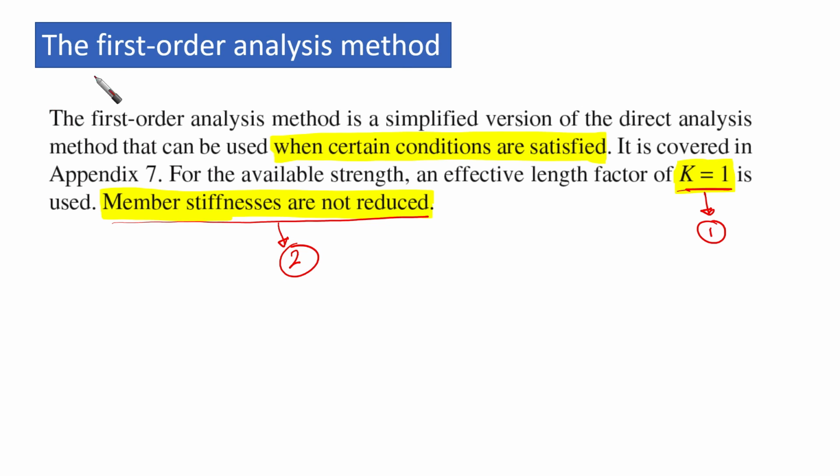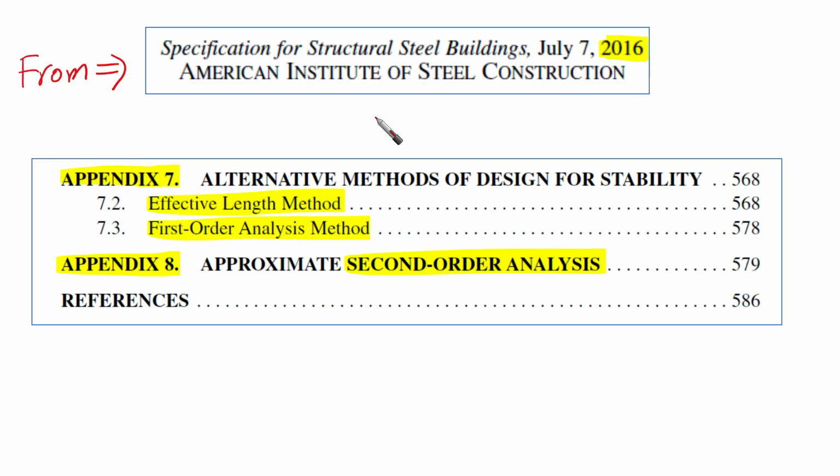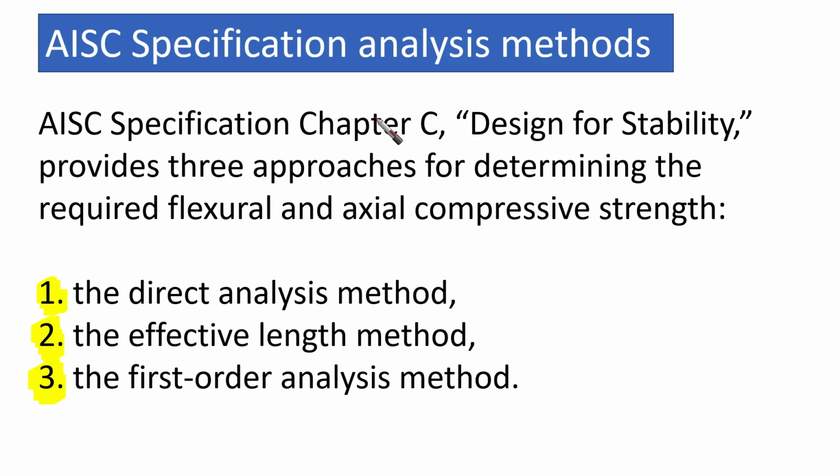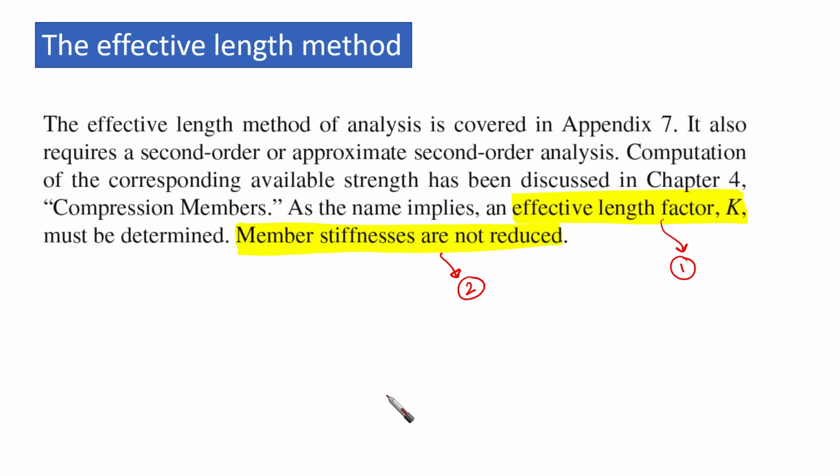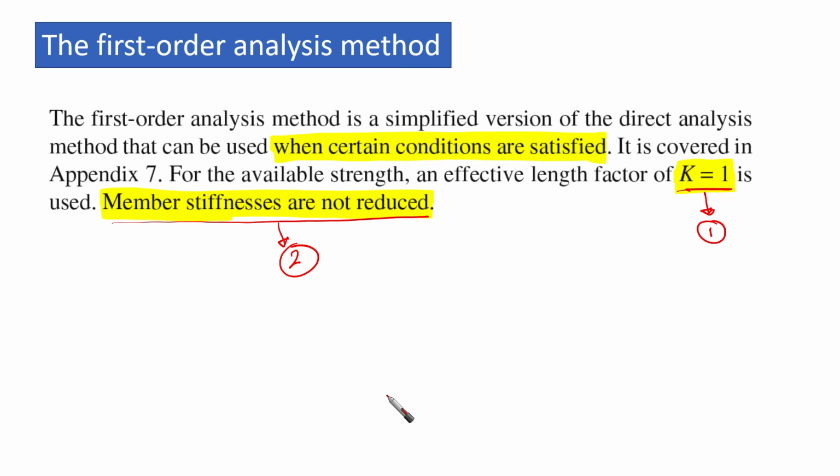Now the last thing is the first order analysis method. Let's go back here. We said that we have the direct analysis method, the effective length method, and the first order analysis method. The first order analysis method is a simplified version of the direct analysis method, which is method number 1. That's true. It can be used when certain conditions are satisfied.